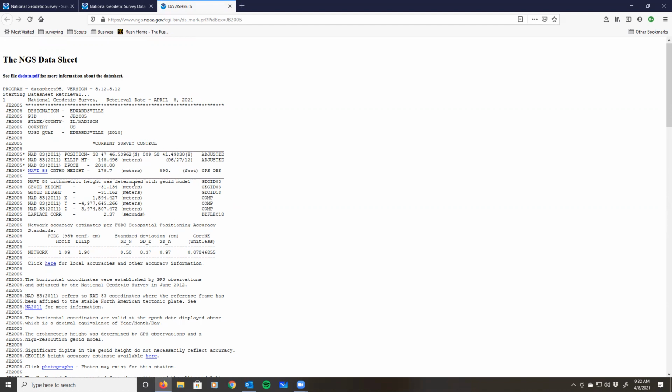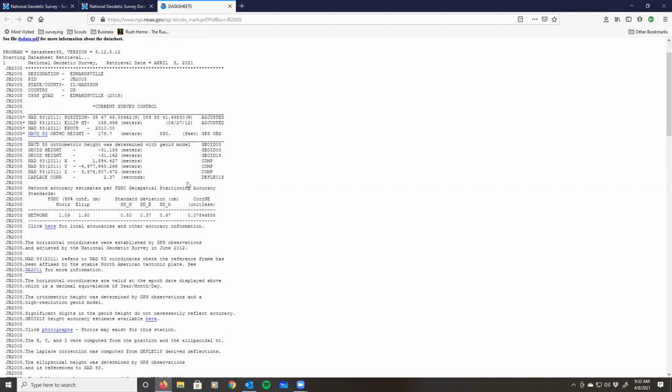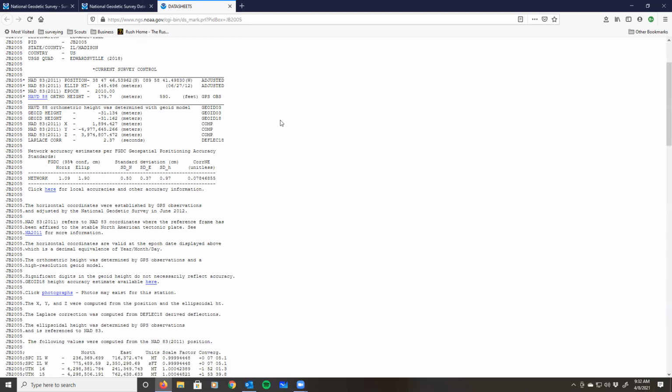Now there are some locations that are both horizontal and vertical that they've used GPS to obtain good elevation as well as horizontal location, and that's shown with a different symbol.